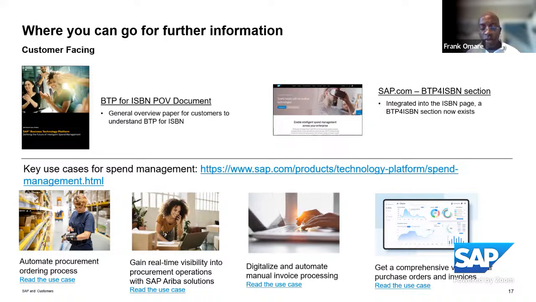We have many use cases. So these are worked out specific technical applications for B2P for ISBN. The ones which I'm showing you at the bottom of this slide here are the 4 which were showcased at Sapphire during the summer. And what I want to leave you with is we do have many use cases.